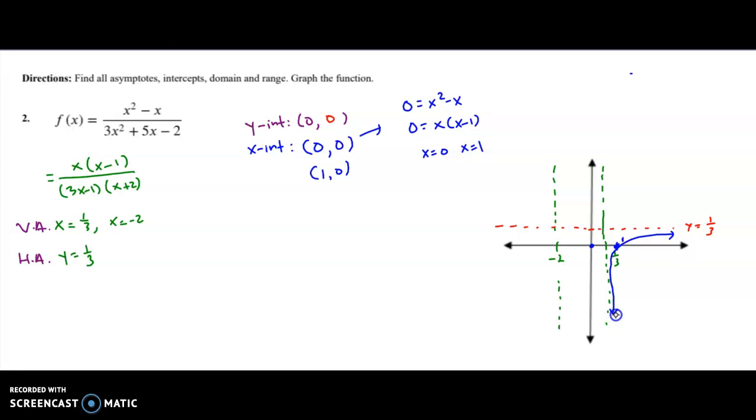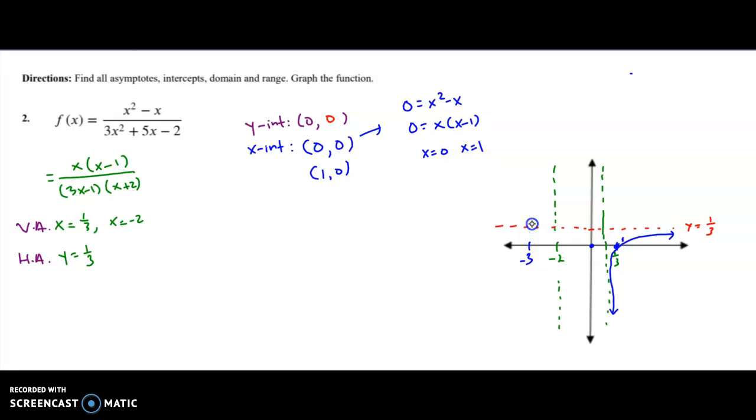All right. Now, I don't want you to automatically assume that the other one's going to be here, all right? And then we're going to figure out what goes on in the middle here. Okay, so sometimes what helps is if you take a point, like let's say -3. Okay, so if you plug in -3 for x, and if you work it out, then that'll help you determine where to graph.